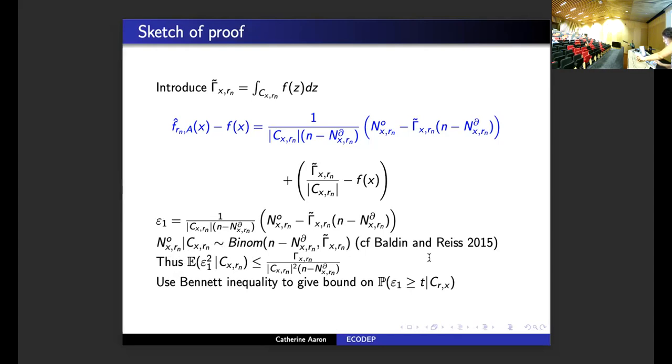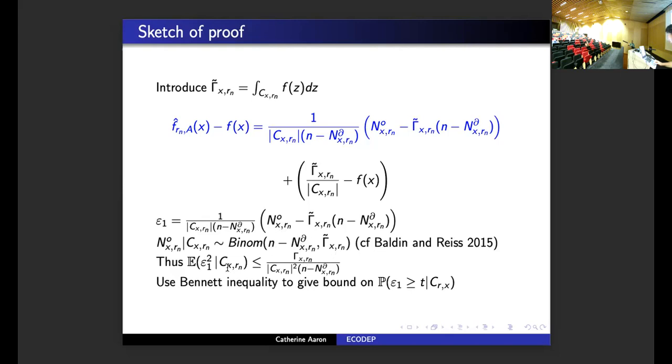It's in the paper of Balin and Race, and they explain quite well how we can condition on the knowledge of the convexhull. It's possible to define that. So let's assume that I know the convexhull. Then I know the points that are on its boundary. My convexhull is a polygon, and at all the corners you have an observation, so I know exactly the location of these points. What is random again is n, the sample size, minus the number of points on the boundary.